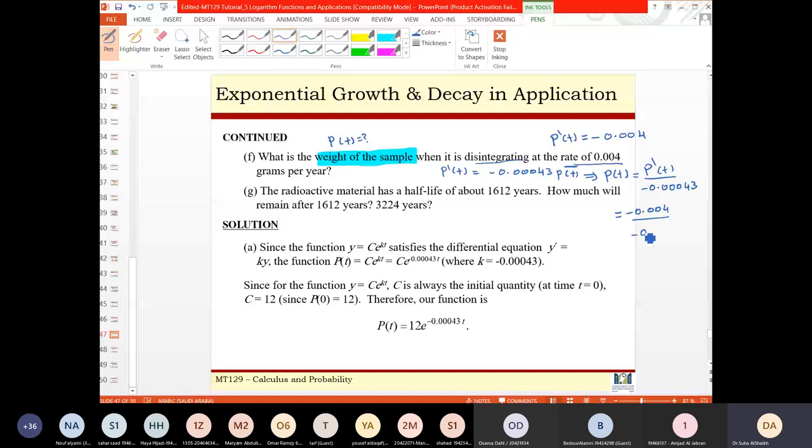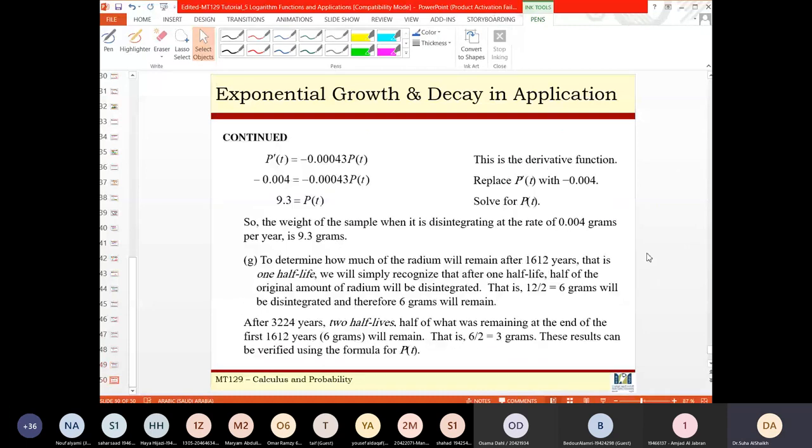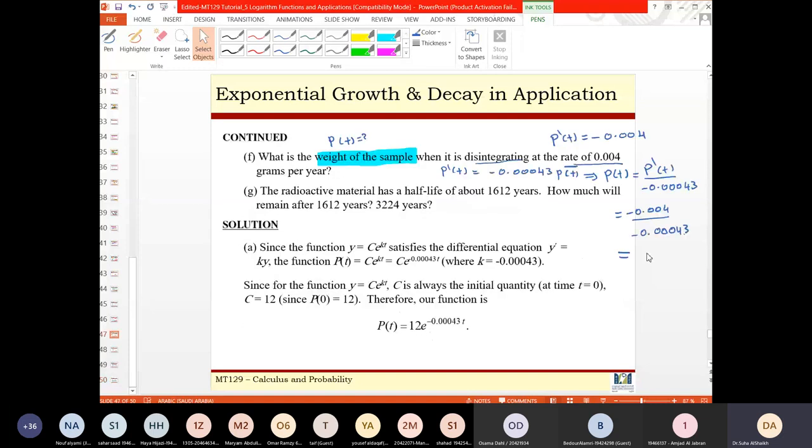Divide the two numbers. What will be the answer? Positive what? How much is that? 9.3. Yeah, that's correct. This answers part F.